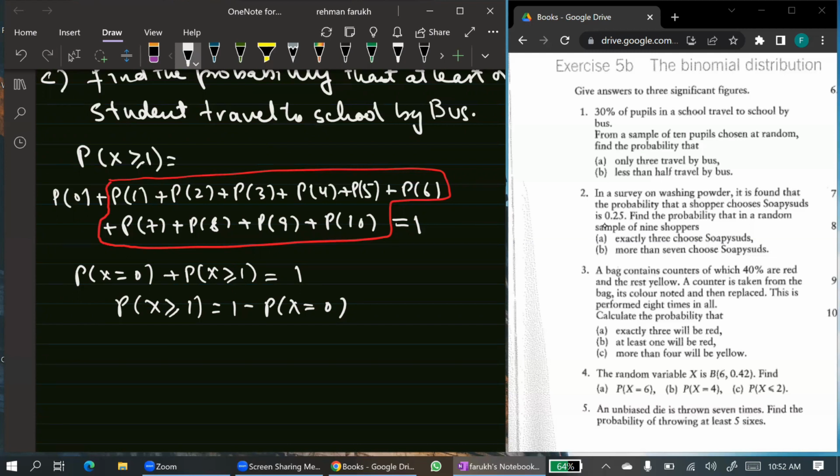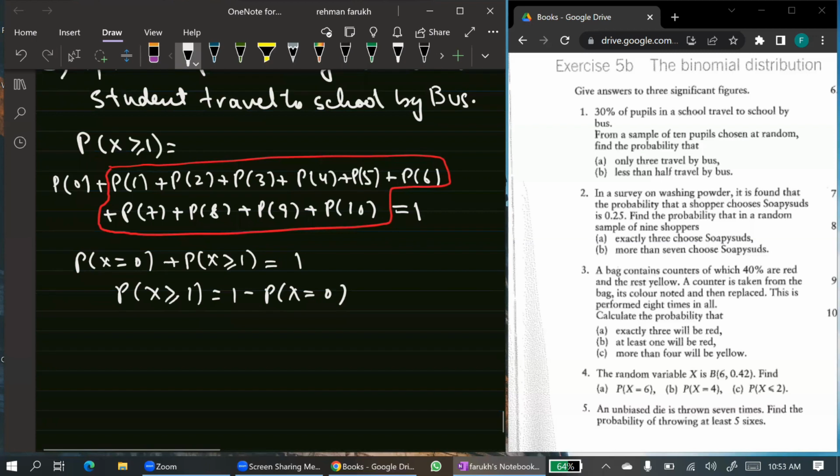So if we find the probability of x is equal to 0 and subtract the answer from 1, then we will get the probability of x is equal to 1, 2, 3, 4, 5, 6, 7, 8, 9, 10. We will use this shortcut method to find the probability for x greater than or equal to 1.